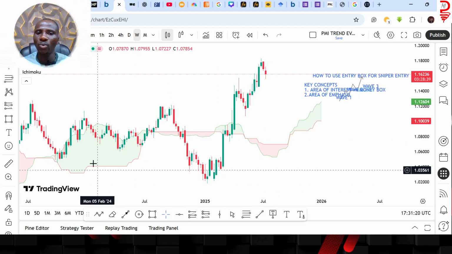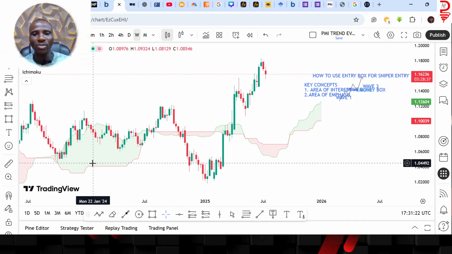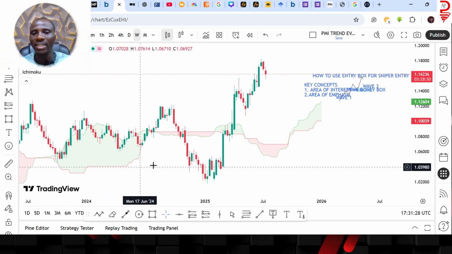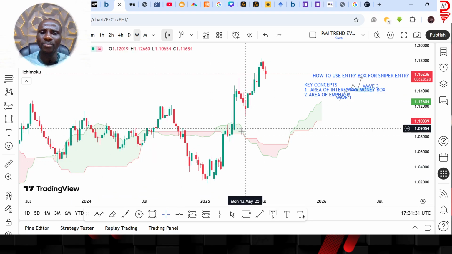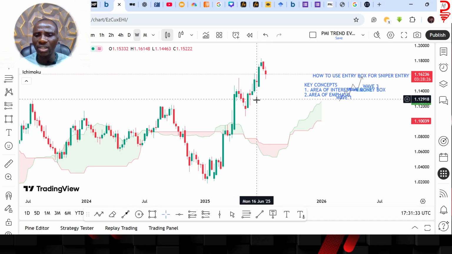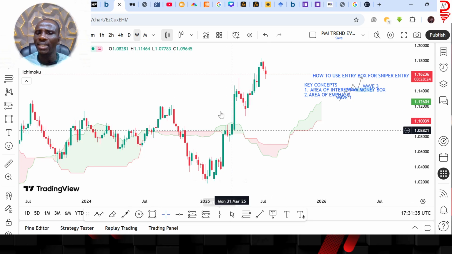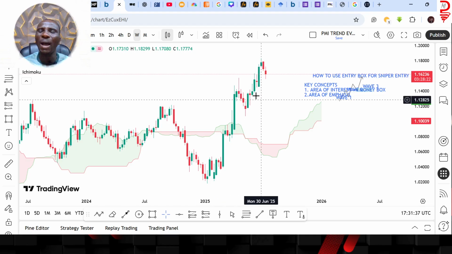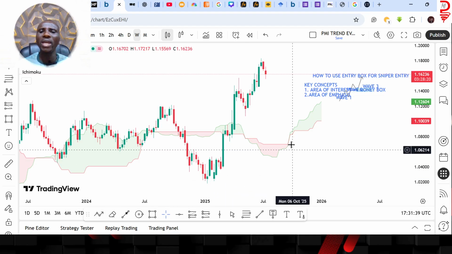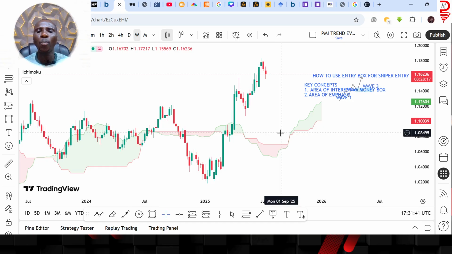I don't want to bore you with going back to check the monthly and the market orientation and all of that, but of course, that's part of our checklist. But now look at this chart. It's obvious that on the weekly, the market is trading above the cloud. So we are in a clear upward directional bias.